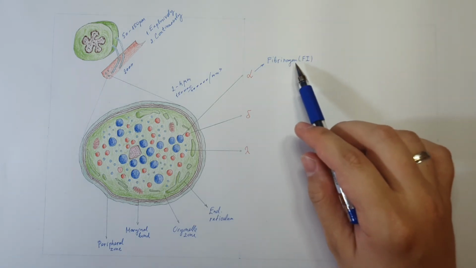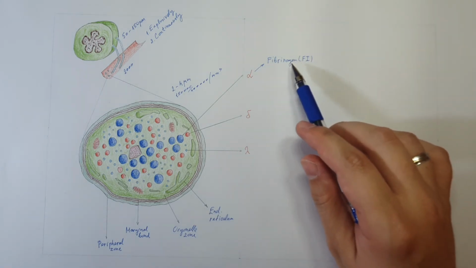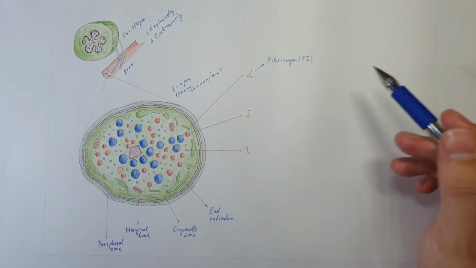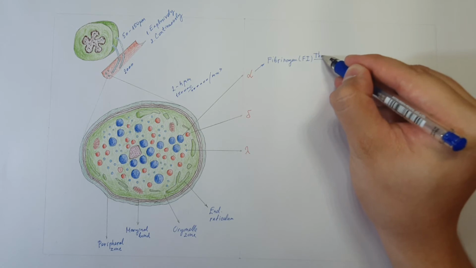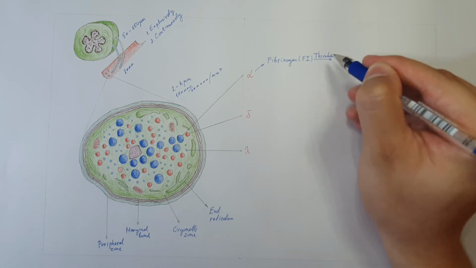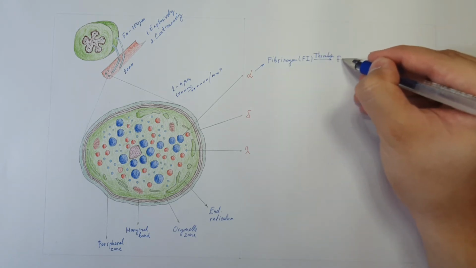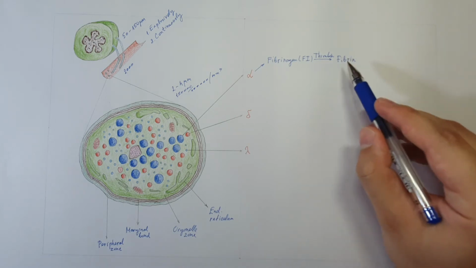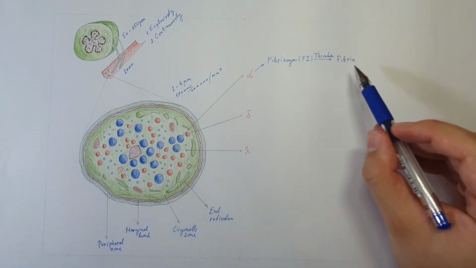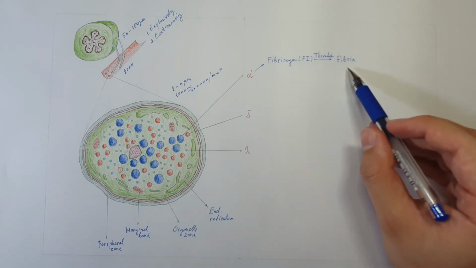Fibrinogen is important because if prothrombin, a protein in the blood, gets activated into thrombin, thrombin then cleaves fibrinogen into fibrin. And fibrin is an important part in the blood clotting machine.